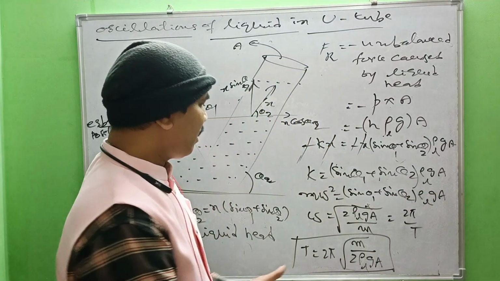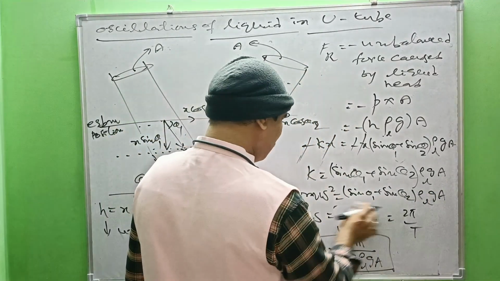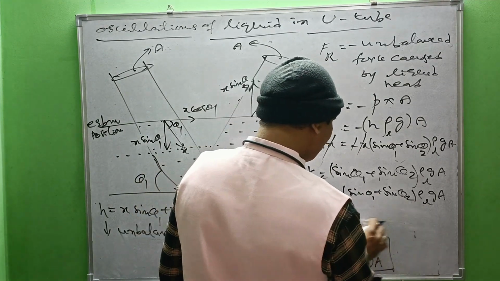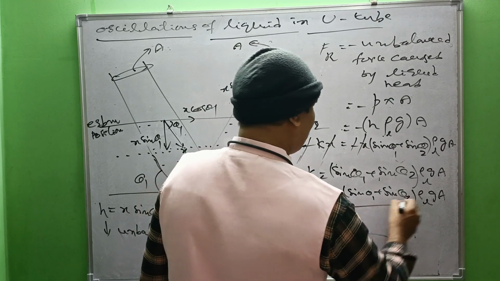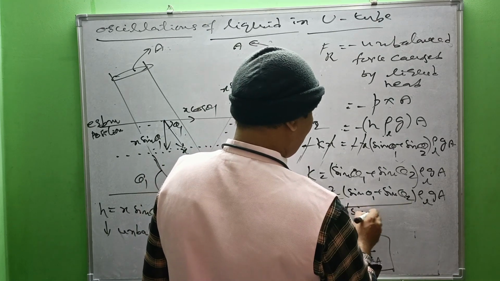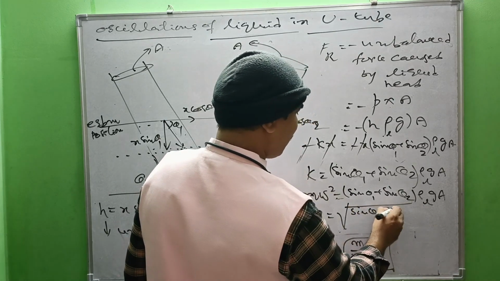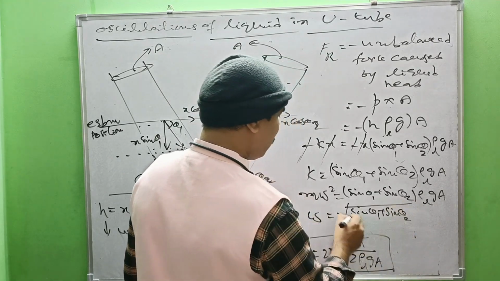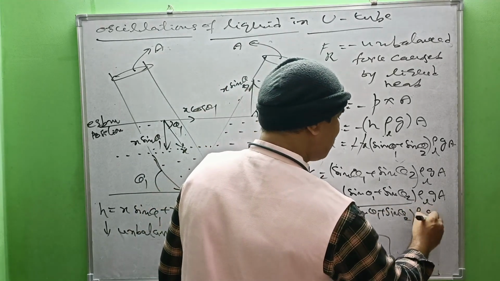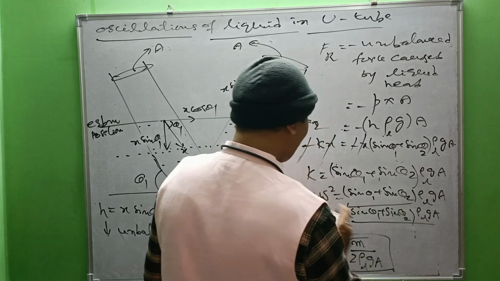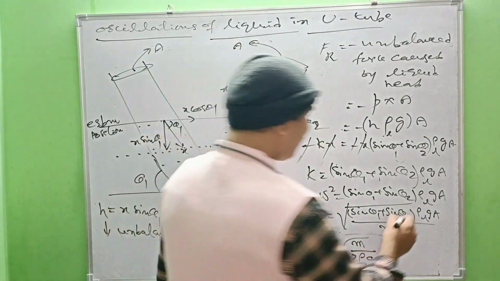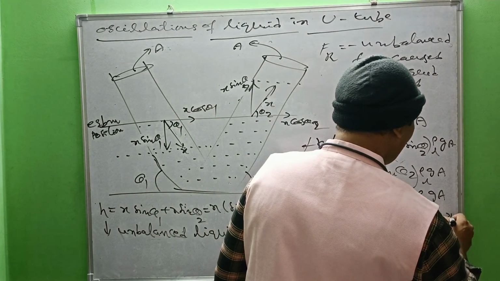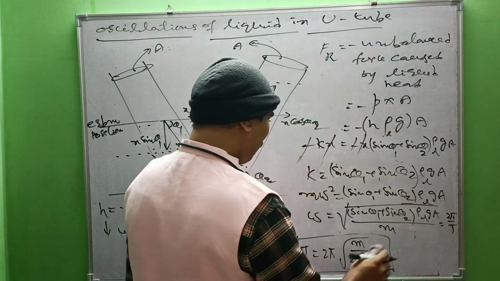Now what is omega? Omega is the root of (sin theta 1 plus sin theta 2) whole into rho L g A, whole divided by m. Omega also means 2 pi by T, that is 2 pi by capital T. Now what is the time period?